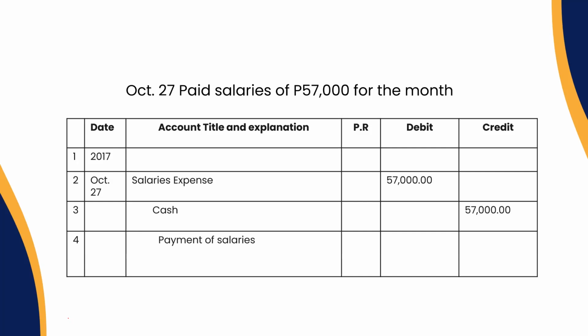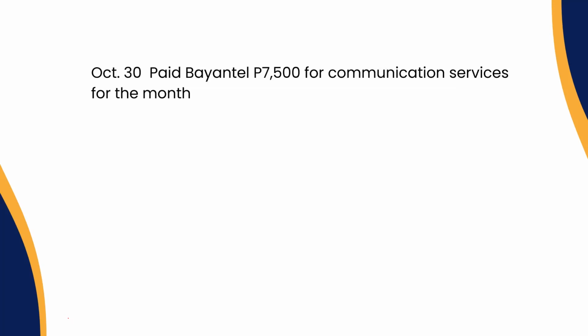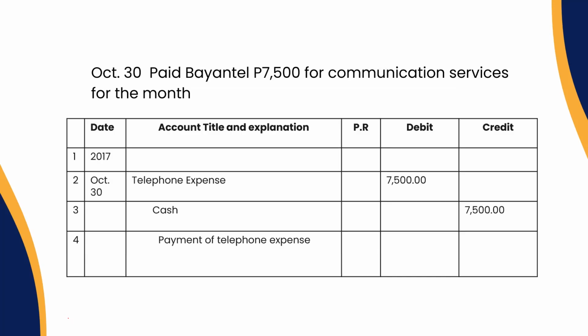Okay. Next, October 30, you paid buy and tell 7,500 for the communication services for the month. So how do you record it? So again, it's an expenses, you incur expenses, and you already paid for it. So again, bababa na naman ang cash mo. So how do you record it?